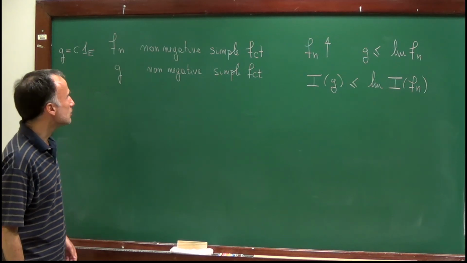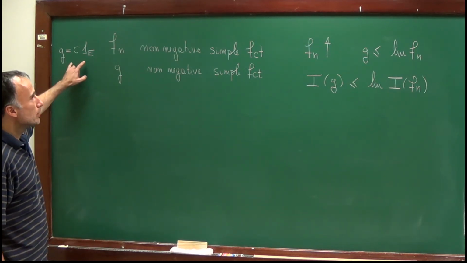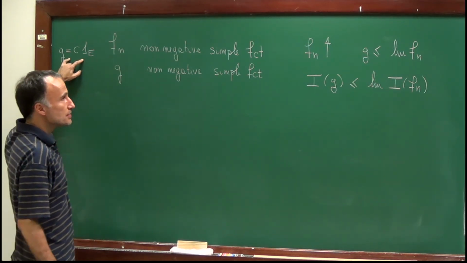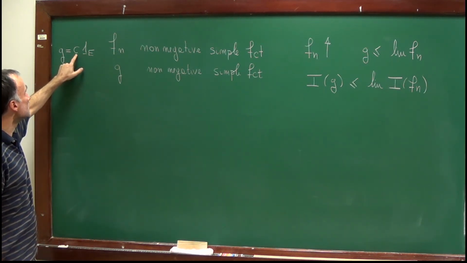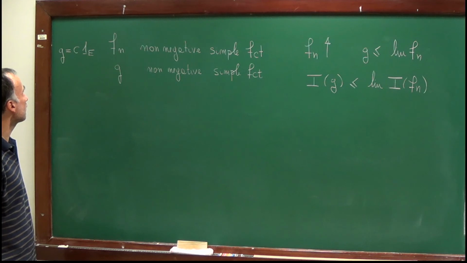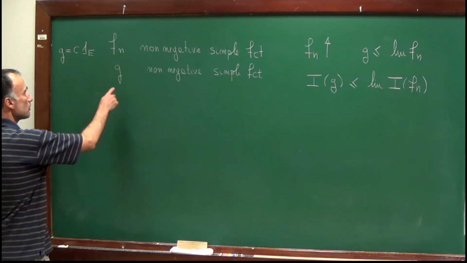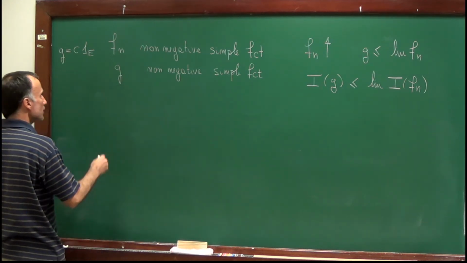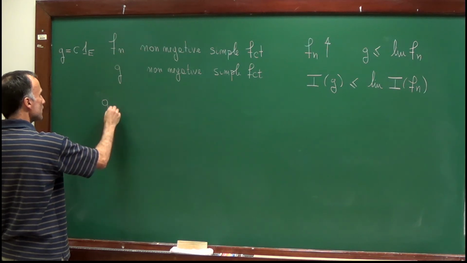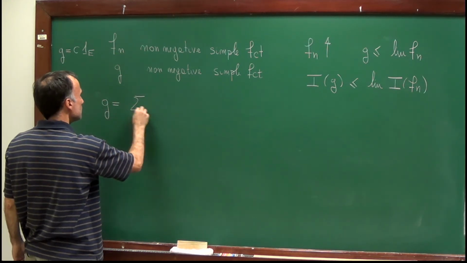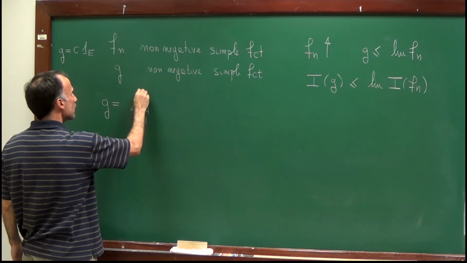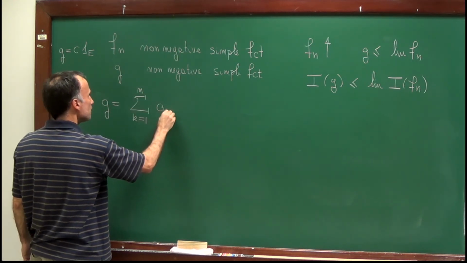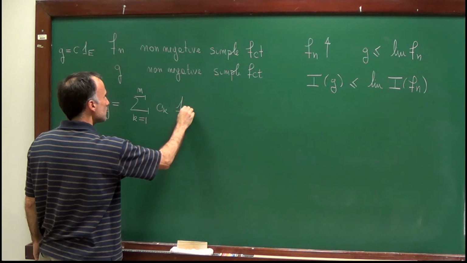Right, so now let's complete the proof. We already proved this result when g is equal to c times the indicator of a set E. Now since g is not a non-negative simple function, g can be written as a sum from, say, k from 1 up to m of ck, the indicator of ek.